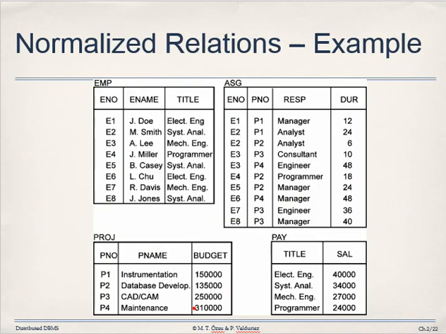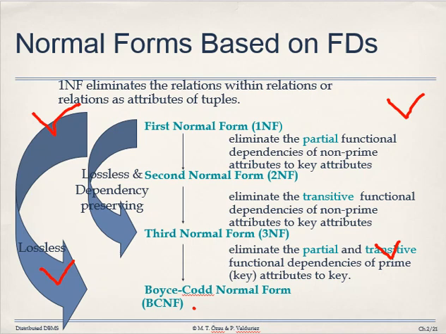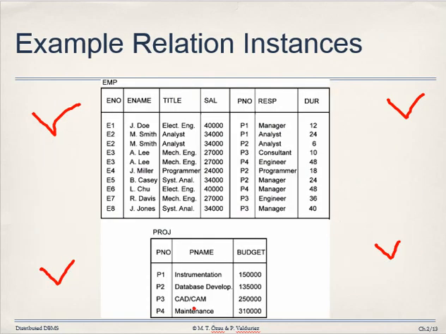Now we have an example of normalization of a relational example. Here we have an employee table, assign table, project and pay. Here we have four tables that are already in normalized form. Suppose previously we had this table.